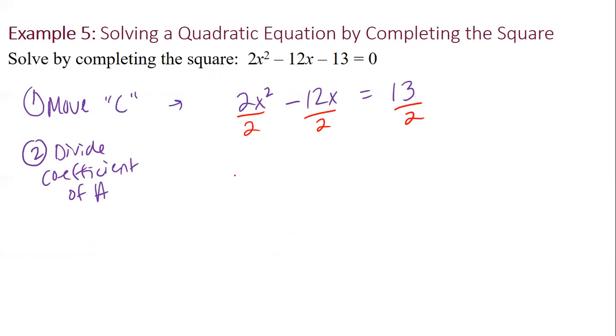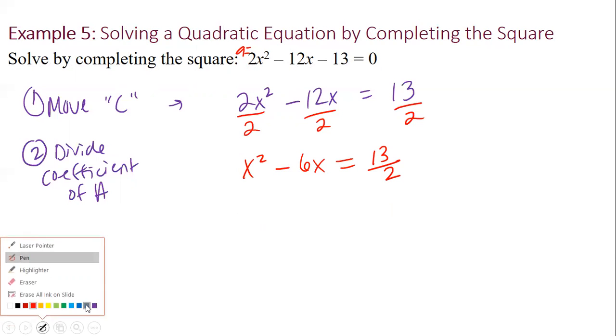This is what happens when your a does not equal 1. So we have x squared minus 6x equals 13 halves. And then after this, you're just going to follow the rule for completing the square.